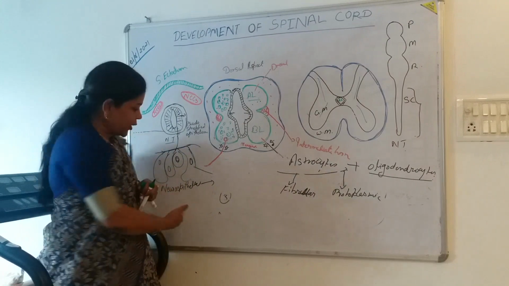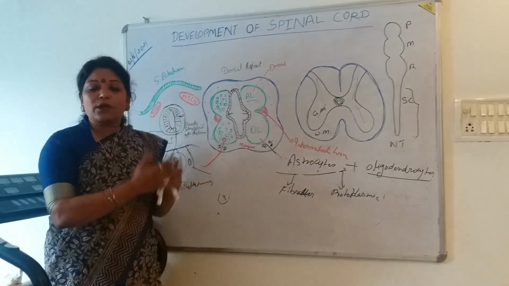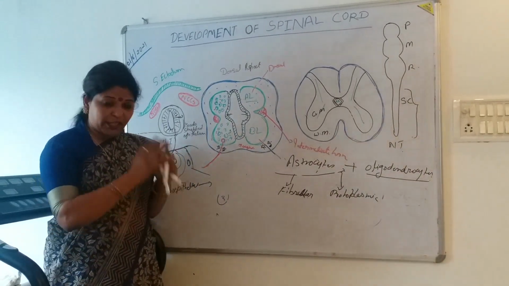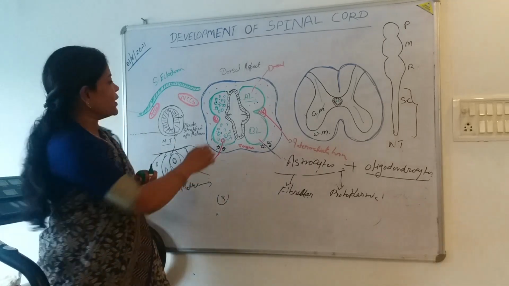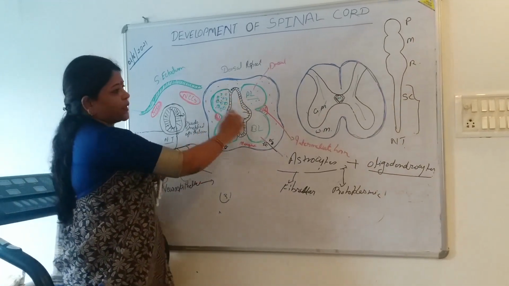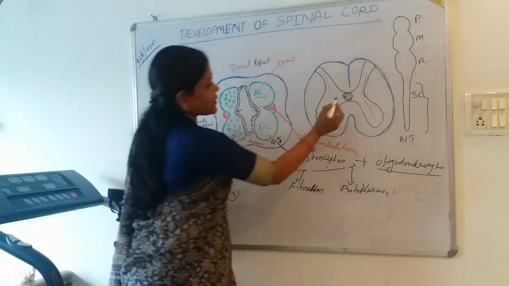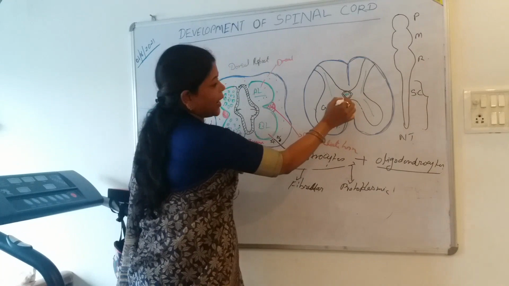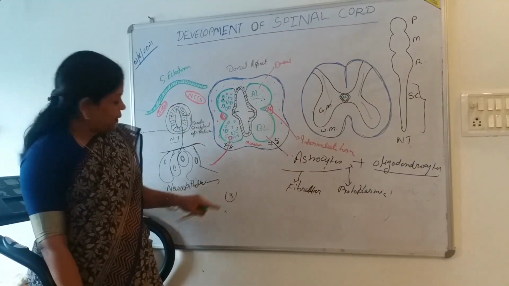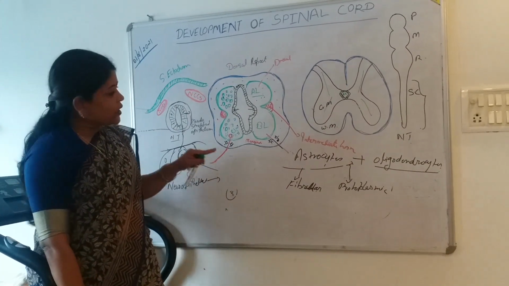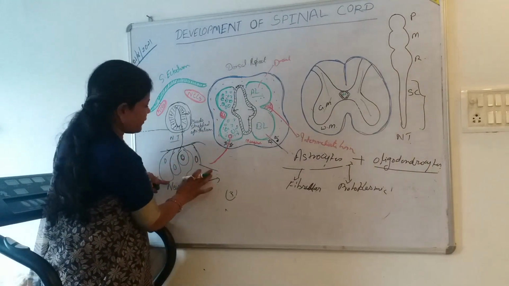And once the spongioblast cells, or the supporting cells, have ceased formation, then it will form the ependymal cells that line this cavity, the central canal of the spinal cord. This is the central canal here, which is lined by the ependymal cells in future, and they are formed by the neuroepithelial cells.